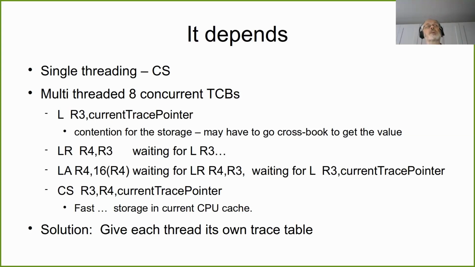So most of the time was actually spent in this top instruction. And the compare and swap was really fast because the data was in the same chip, in the same CPU as the instruction. So we solved this by giving each thread its own buffer and merging them at formatting time. And that hotspot basically disappeared overnight just by making this fairly simple change.